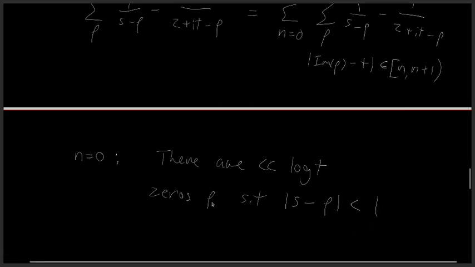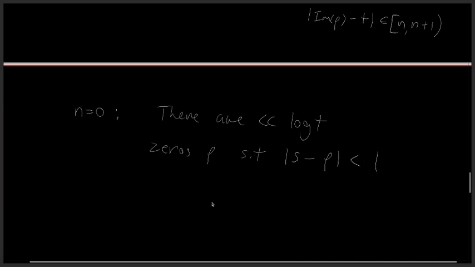And what that means is that we can pick some s here so that the distance from our point to the nearest zero is at most 1 over log T.